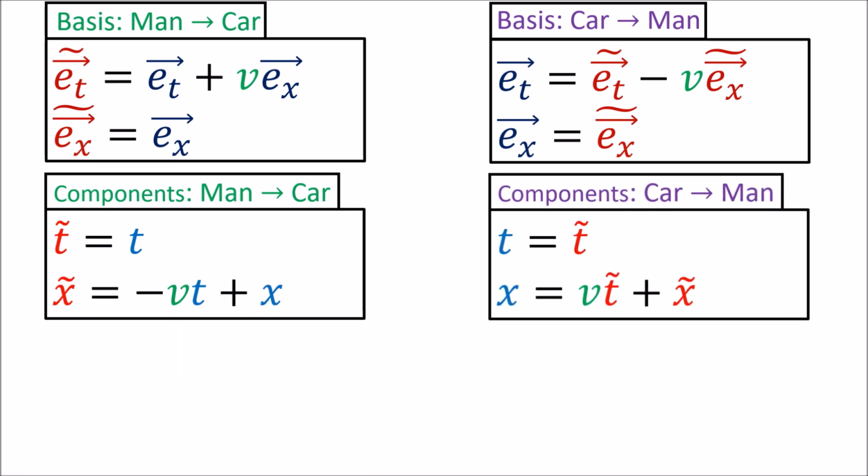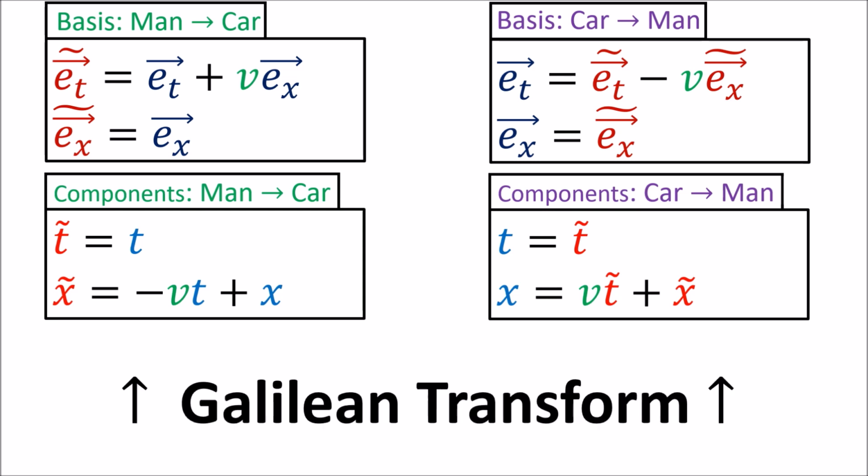So we've discovered these four sets of formulas for changing between the basis vectors and the vector components for the man and the car. And the Galilean transform is really all of these formulas put together. Earlier I mentioned that the two formulas for the basis vectors are opposites, because there's a plus v here and a minus v here.